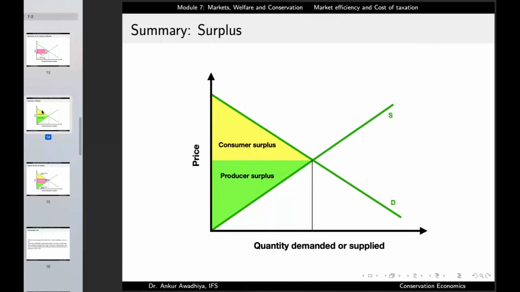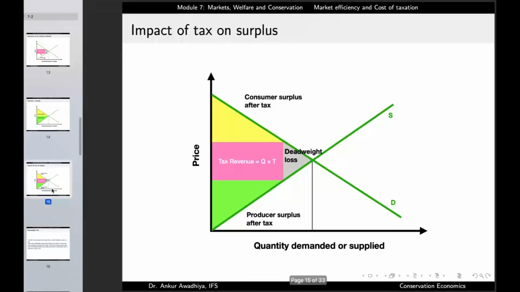But this also brings up a new concept of deadweight losses. Earlier, in the case of a free market without a tax, we were having a consumer surplus and a producer surplus, but now we have this new situation.